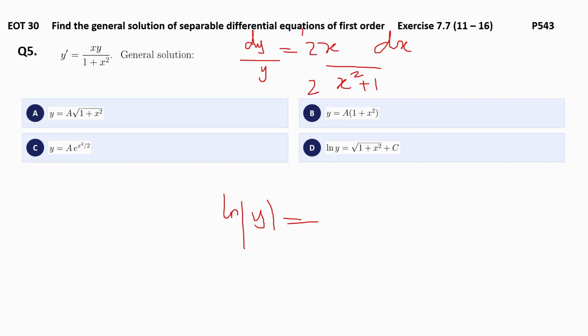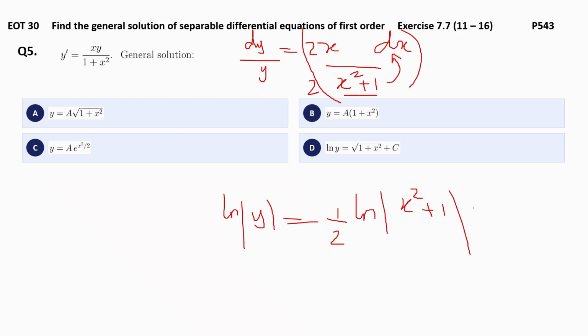Now forget about the 1 over 2. Look here. When you differentiate the denominator, it is nothing but the numerator. That means you can apply the concept of ln. But the half is existing. Don't forget that. Now ln of x square plus 1 plus c. Now your aim is to remove ln.